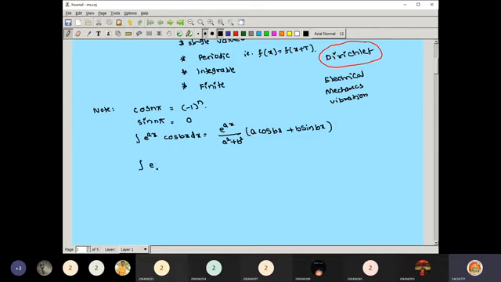Similarly, you can go for e power ax into sin bx dx. So we have a standard formula, e power ax by a square plus b square, into a sin bx minus b cos bx. We have already done this.